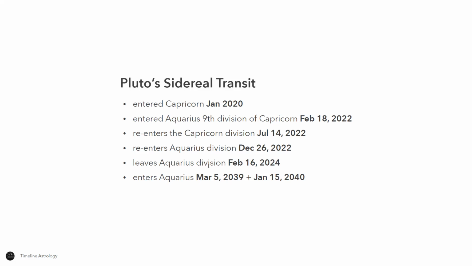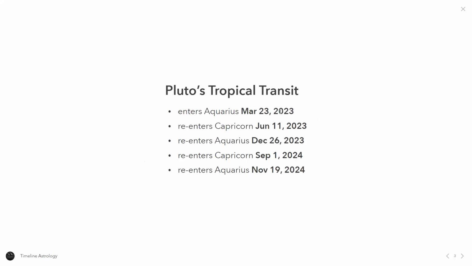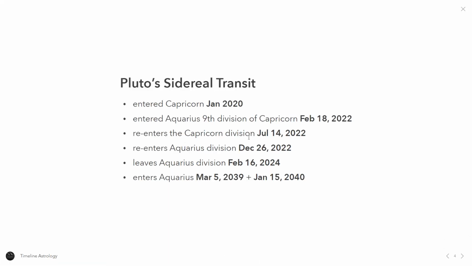If I remind you of the tropical transit next year, 2023 and 2024, it's actually highlighting this shift, this division in the zodiac, from Aquarius. So in actual fact, both zodiacs are pointing to the same thing in these few years.